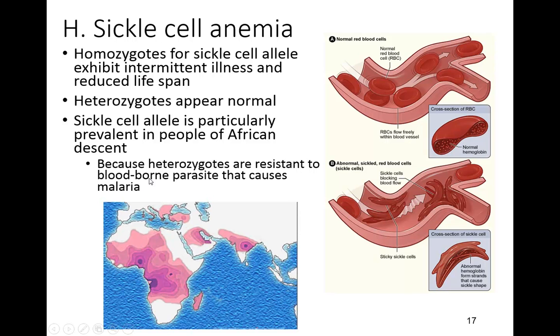So heterozygotes do not contract malaria, and so you see a greater prevalence of sickle cell anemia in areas where malaria is prevalent, which is sub-Saharan Africa and southeastern Asia. Some of these areas here have a high incidence of sickle cell anemia because it helps against malaria, which is a very devastating disease.